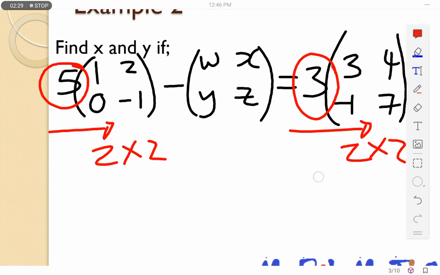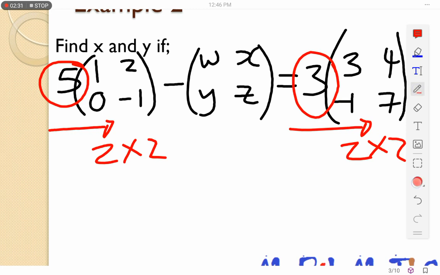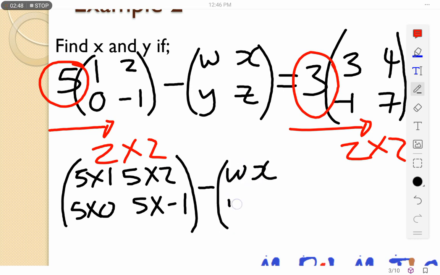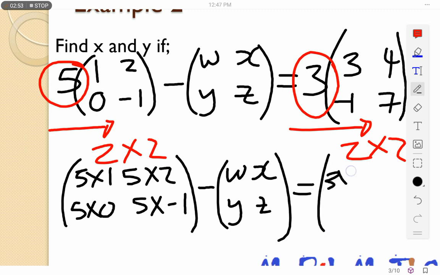If we multiply, we are going to get 5 by 1, 5 by 2, 5 by 0, 5 by minus 1, minus w, x, y, and z, and on the other side we've got 3 by 3, 3 by 4, 3 by minus 1, 3 by 7. So that's what we have on this other side.